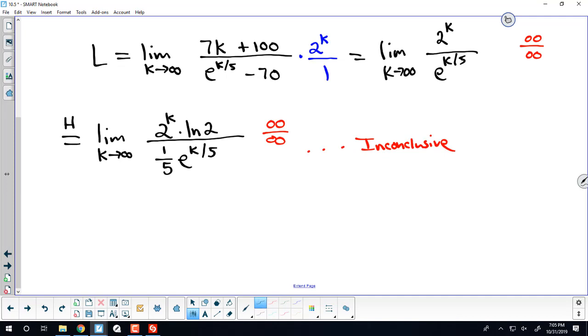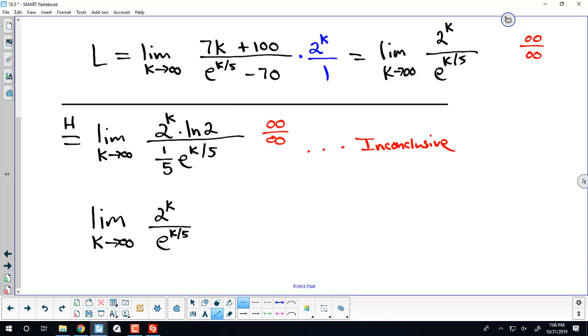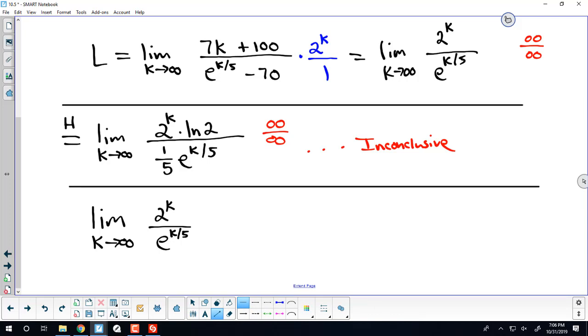So really, we're back here again, trying to answer this question. Let me just separate it a bit. So we're going to say that's 0 by growth rates.